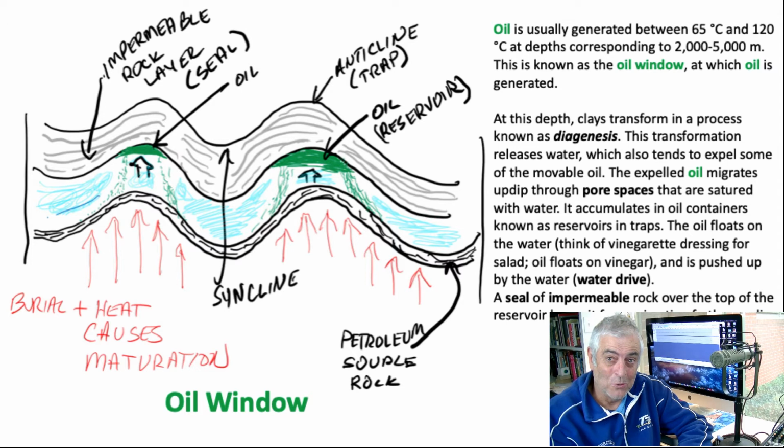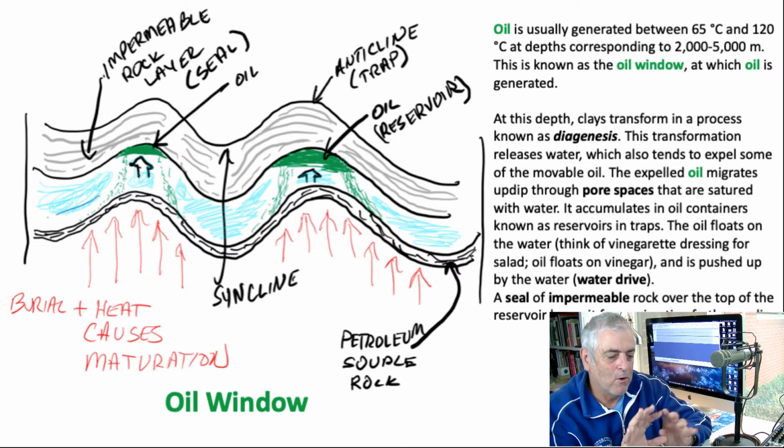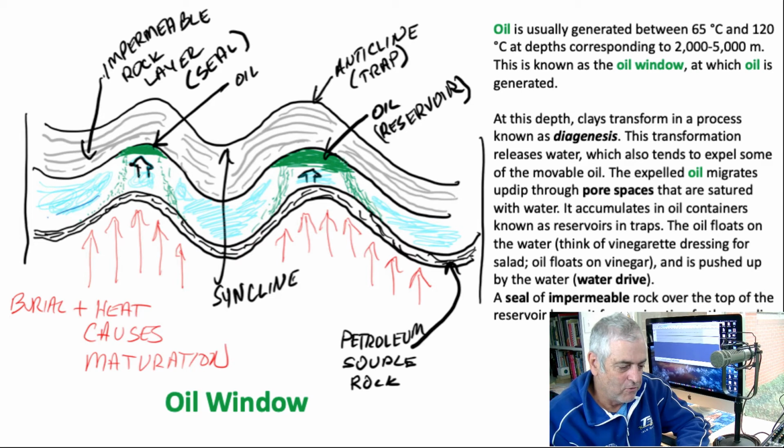So you have to drill a ways in order to produce oil and gas, typically, unless it's already made its way to the surface and becomes an oil and gas seep, right? So the oil is expelled. The water helps expel it when it has that shale clay mineral transformation from a smectite to an illite. That water also is released and will find its way out of that petroleum source rock.